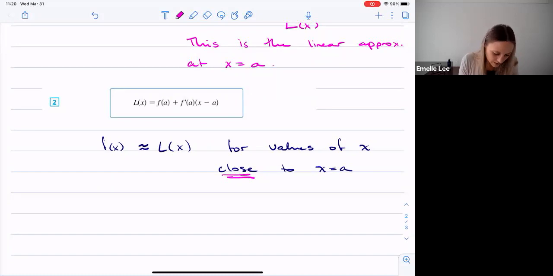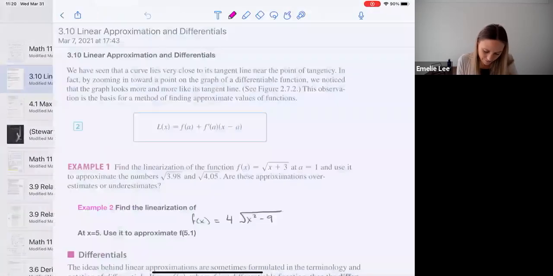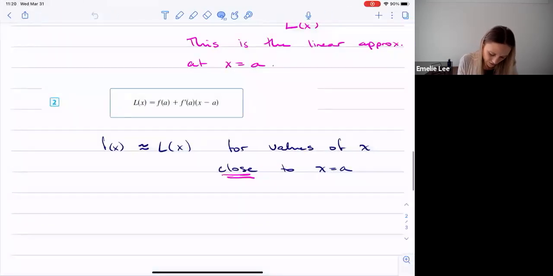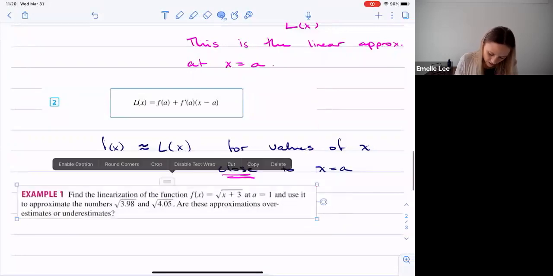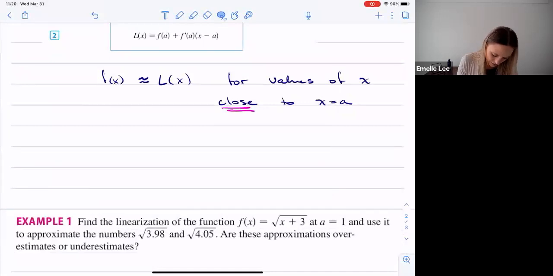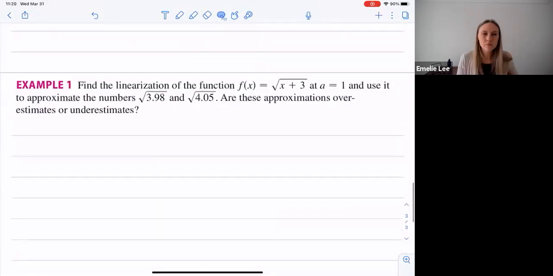All right, I want to do an example. Let's do example 1. Maybe I'll put it on a fresh page here. We're asked to find the linearization of the function f of x is the root of x plus 3 at a equals 1.